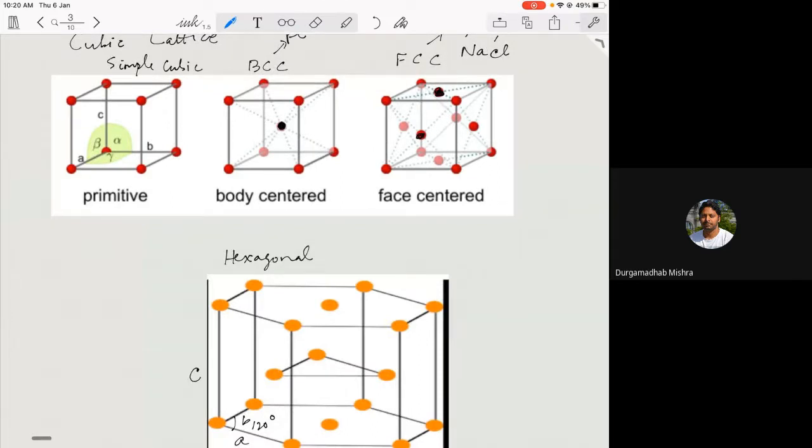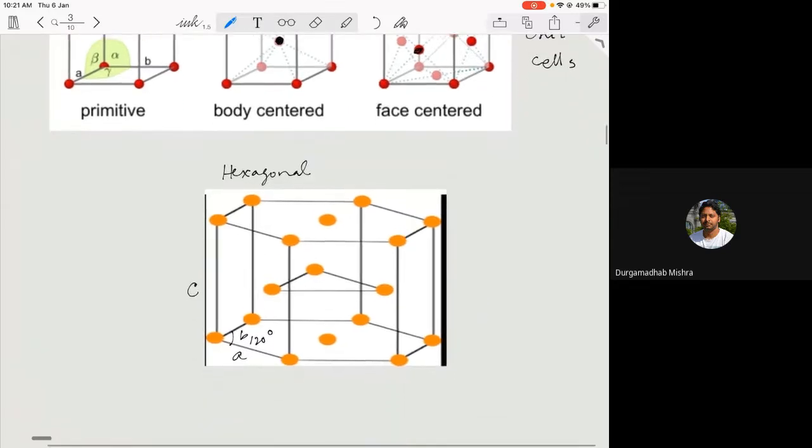So all these you can call unit cells, and when you repeat these unit cells, you will basically get a 3-dimensional crystal. So how do we distinguish between these different unit cells, or different lattices?